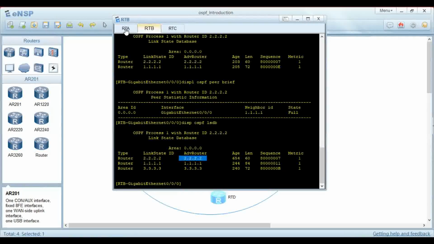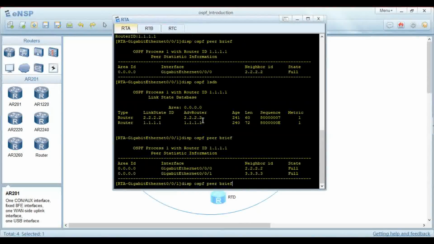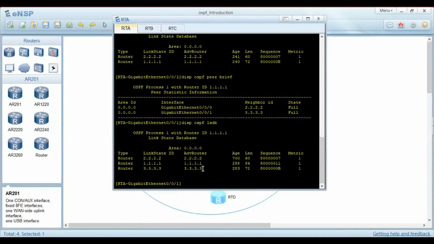So let's look at router A that has the same. If we do display LSDB, it also has the same three routers: router C, router A, and router B. And the same, router B has been the longest here, router A followed, and then router C is our latest addition.